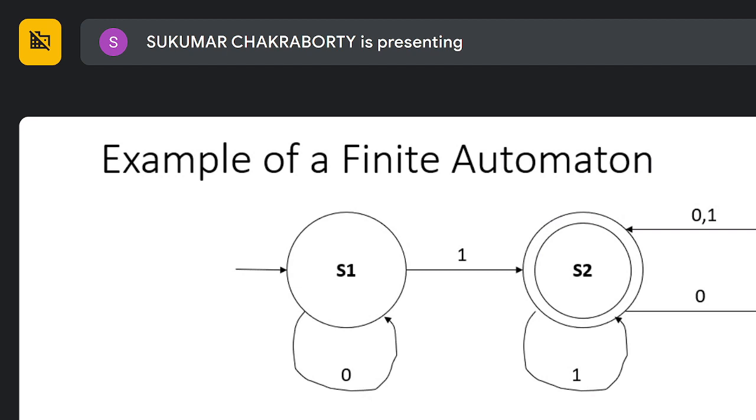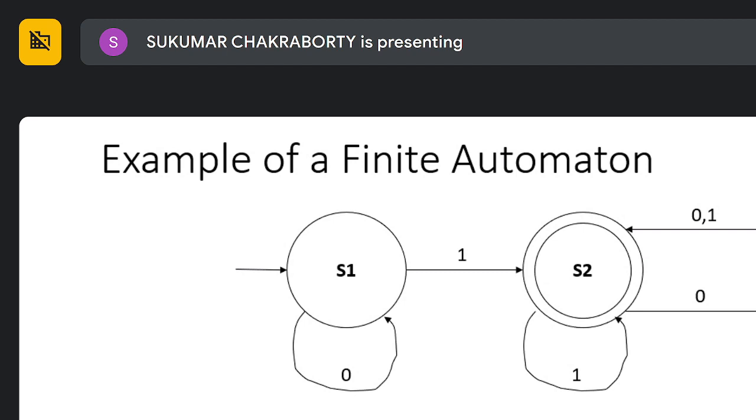Now we can see some zeros and ones and arrows and lines. What does it mean? It's very simple. When the machine is in state S1, let us assume for the time being that I can give input either 0 or 1. These are the only two symbols that I can give as input to the machine.